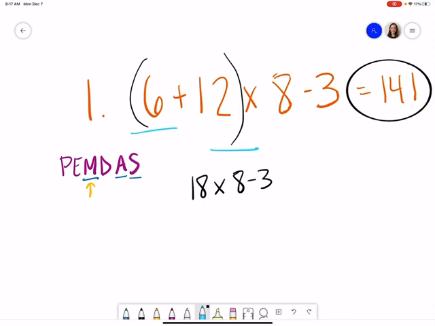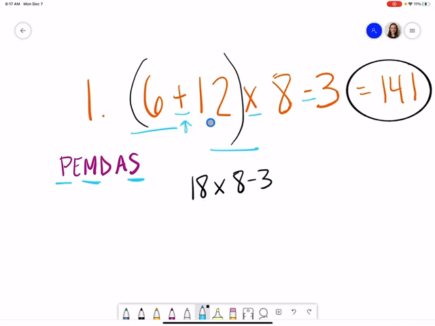Then we have addition, multiplication, and subtraction. But remember that addition doesn't matter anymore because it's inside the parentheses, so it's just going to have to go first. So we would underline parentheses, multiplication, and subtraction.